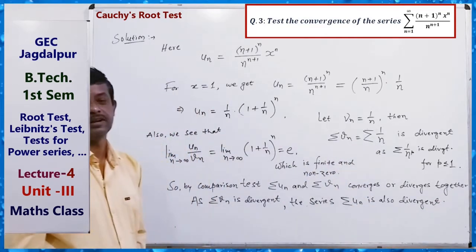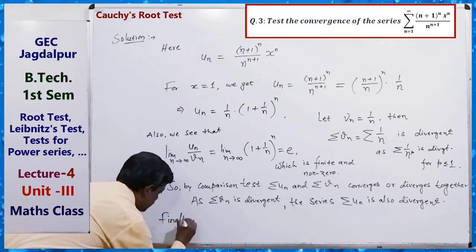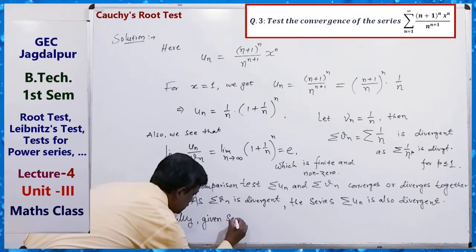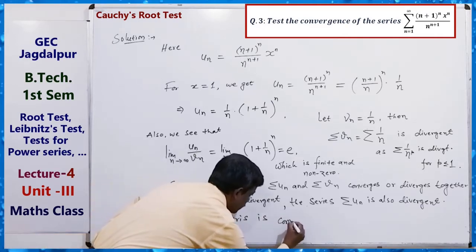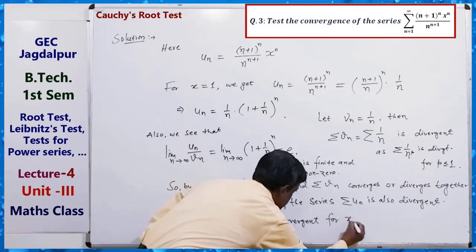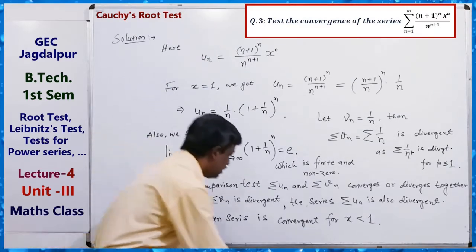So finally we can declare the given series is convergent for x less than 1, just converges for x less than 1, and divergent for x greater than or equal to 1.